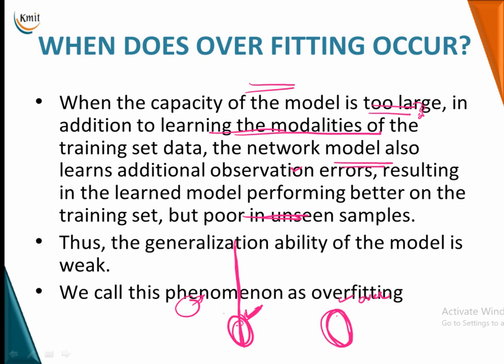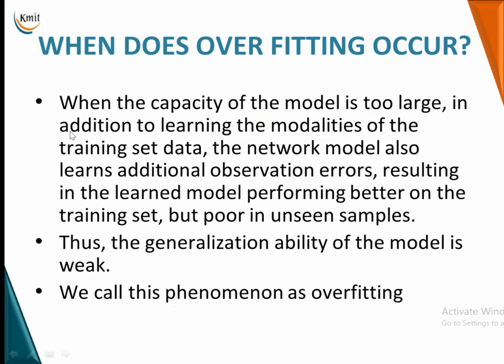So now talking more about the overfitting part. Again, I want to repeat that when the capacity of the model is too large, in addition to learning whatever is in the training data set, it is also learning additional observation errors or any other noise that is present inside your particular samples. This results in the model performing better on the training data set, but it is not going to perform well on the test data set or unseen samples.